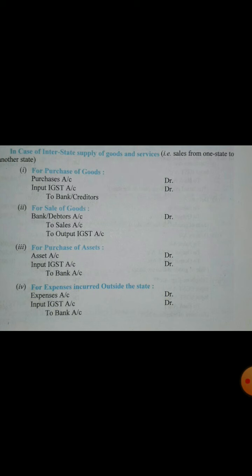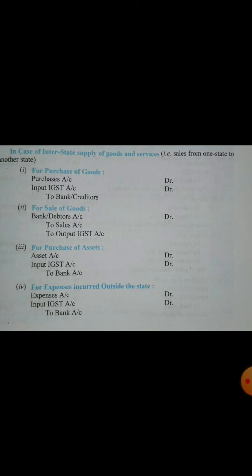Now there are two kinds of situations in which GST is accounted for. First is intra-state, that means within a state. Suppose a business is doing business in West Bengal and it buys raw material within West Bengal.